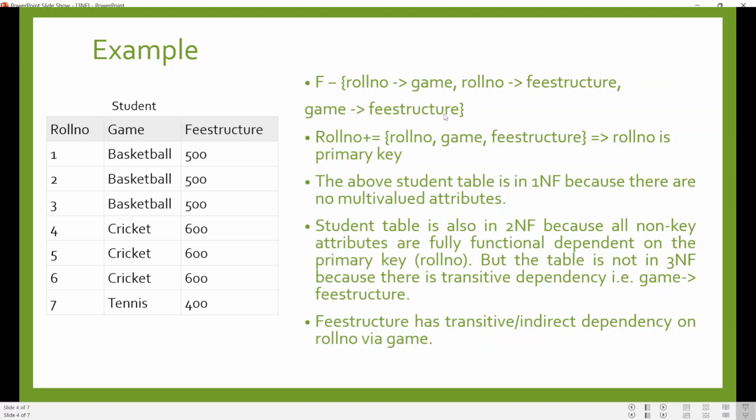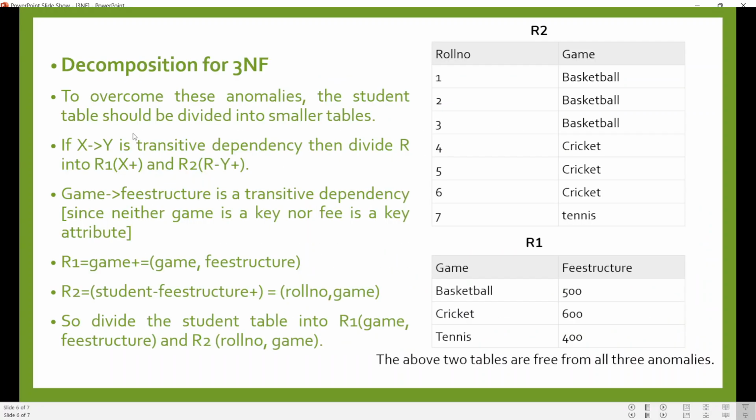So when you take this closure, fee structure, and subtract it from the original relation, this is our original relation. If we remove fee structure, what are the attributes remaining? Roll number and game. So R minus y plus gives you roll number and game only. So what will be our relation R2?